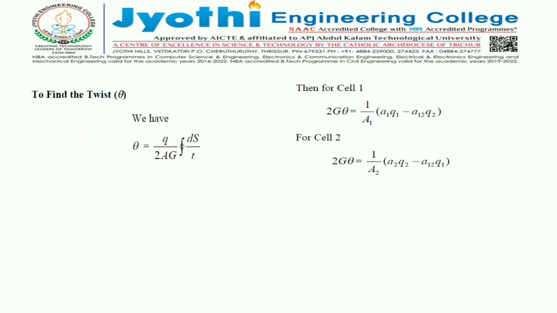Therefore, for cell 1, 2G theta is equal to 1 by A1 into a1 q1 minus a12 q2. For cell 2, 2G theta is equal to 1 by A2 into a2 q2 minus a12 q1.